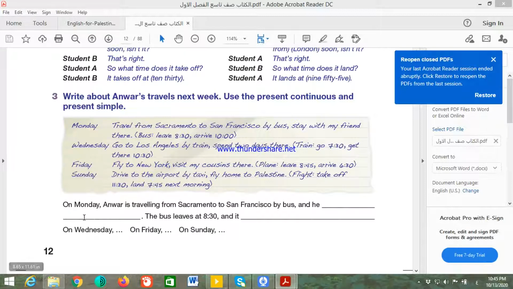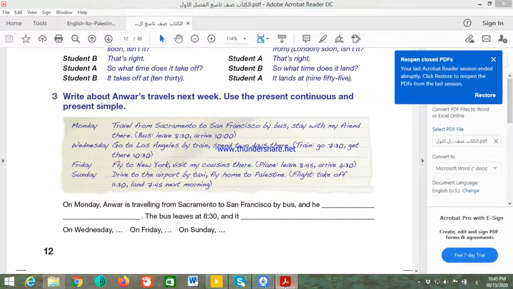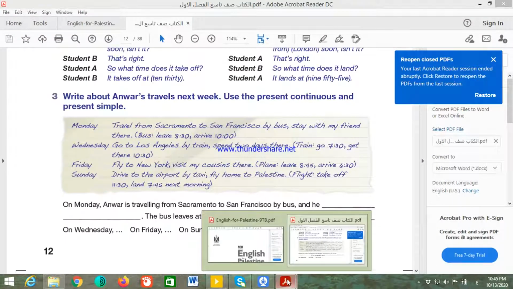Here is how to write. On Monday, Anwar is traveling from Sacramento to San Francisco by bus, and he then completes. The bus leaves at 8:30 and it then completes. I will give you the answers. Here is the answer.